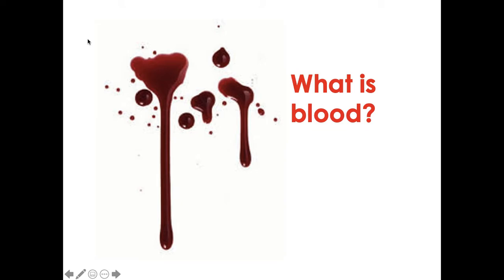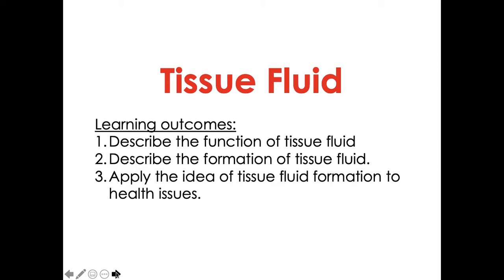So albumin, I think, is one of them, fibrinogen, and we've also got platelets. So the blood is plasma, which is a solution, white blood cells, red blood cells, platelets, and large insoluble proteins. Okay, tissue fluid.